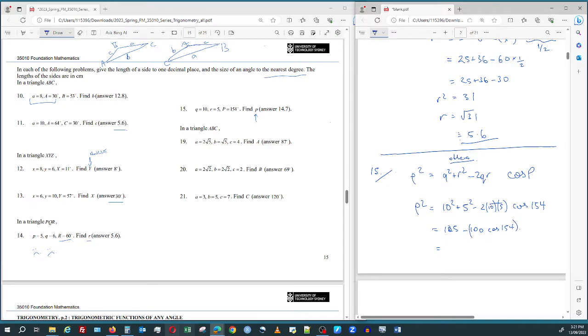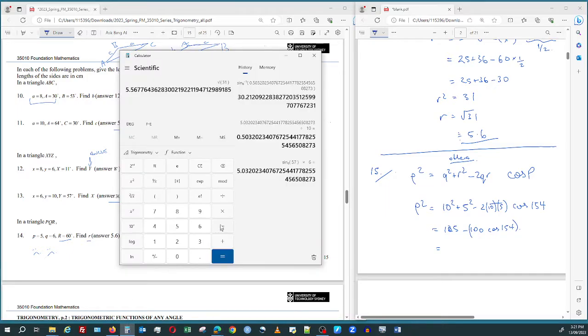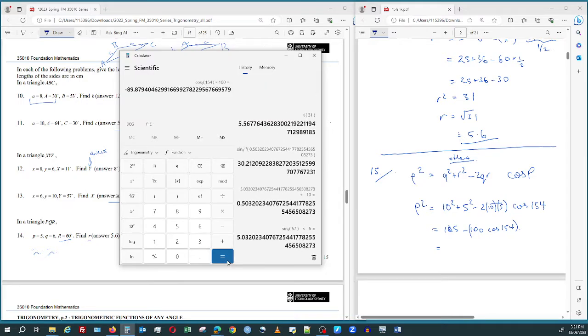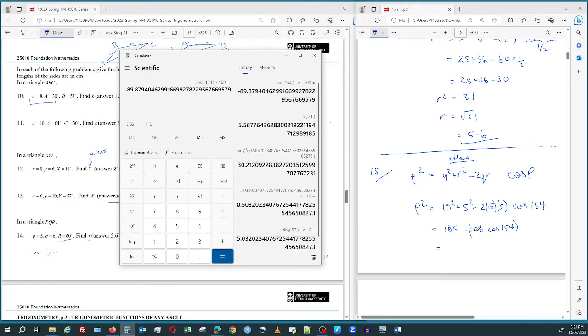So we're going to do 154 cos times 100. Then we're going to minus the minus, we're going to add it. So we're going to put that in the memory.